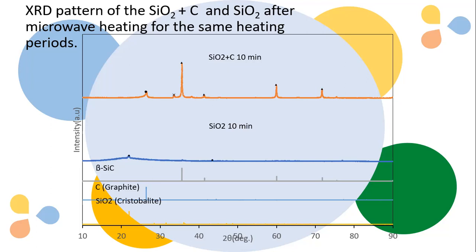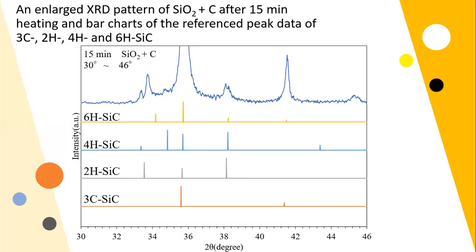We can also see there is a peak that I marked with X. When I enlarge this spot, there is a region of stacking faults along 33.74 up to 35.22.